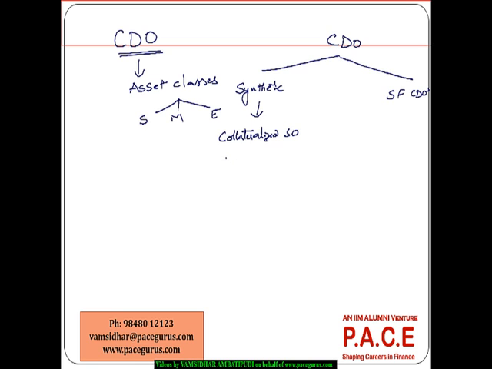They are very similar to index tranches, except that the attachment and the detachment points could differ. Maturity could differ. It could be tailor-made, and they can be very much tailor-made to any particular transactions.